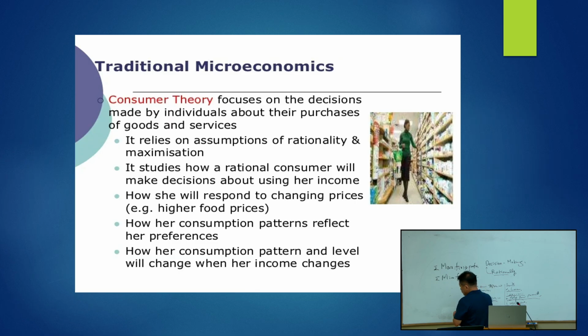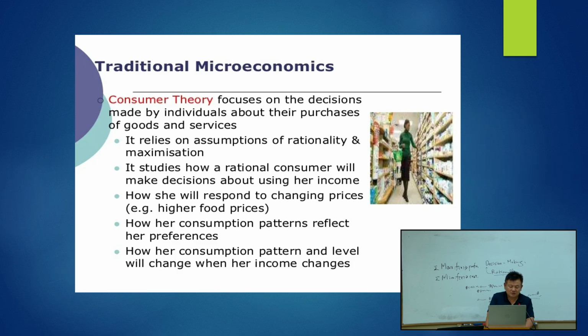How to minimize the cost? And how do we make more products, maximize product? So consumer theory relies on maximization. This is rationally following the maximization theory. This is a good point about consumer theory.